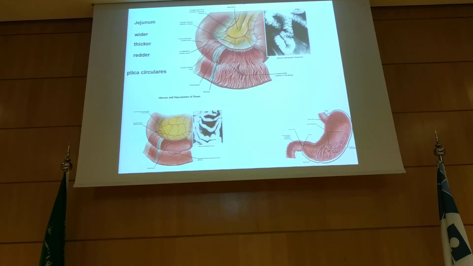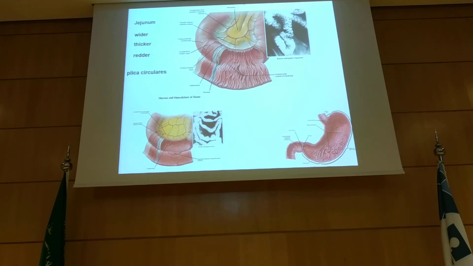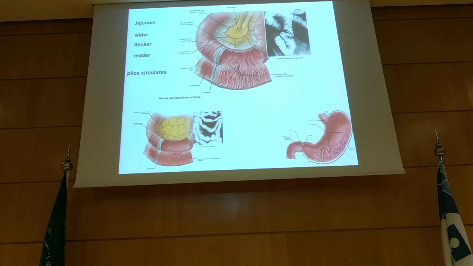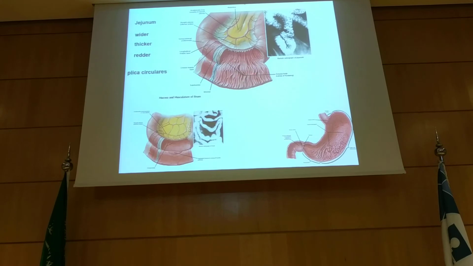Okay, so number one, to differentiate between duodenum and ileum: the duodenum has plica circularis, or mucosal folds, that are more abundant and thicker, giving the duodenum the reddish appearance.